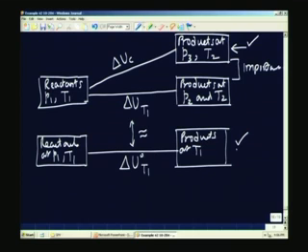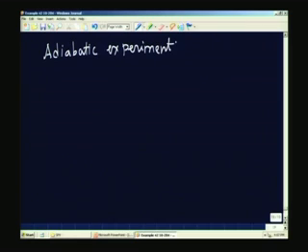The experiment is conducted totally adiabatically, an adiabatic experiment. So, according to thermodynamics, the change in the internal energy of the system must be zero, delta U equal to 0 for the system.